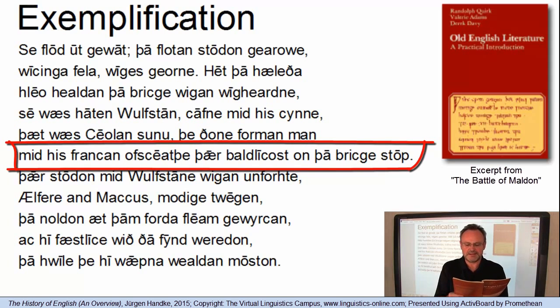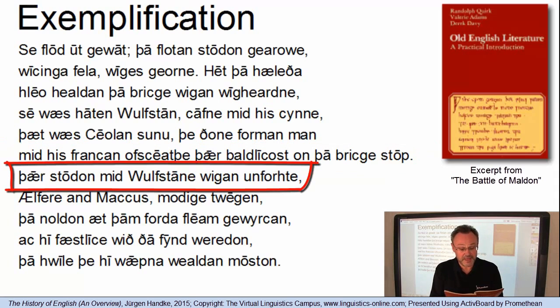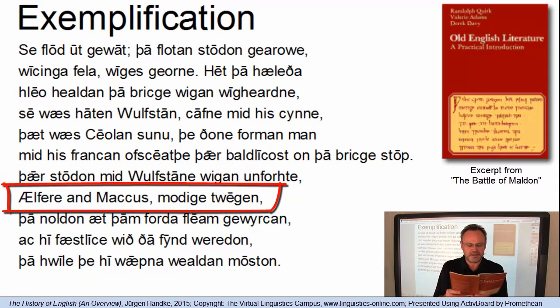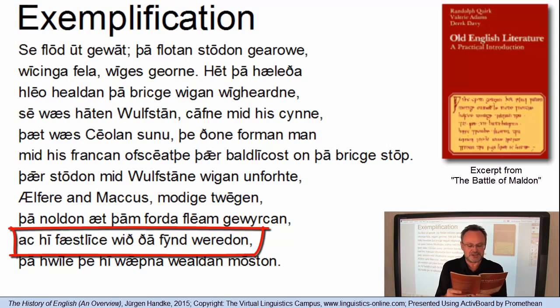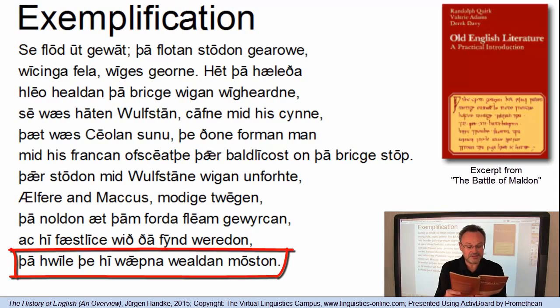Ver baldli kost on tha britje stoop. Ver stodon mit wolfstane wien unforchte, alvere en makkus, modie tweeën. Tha nolden at tham forda flam gewirken, aki fast liedje with tha fund werden, tha huile verhi wapna welden mosten.